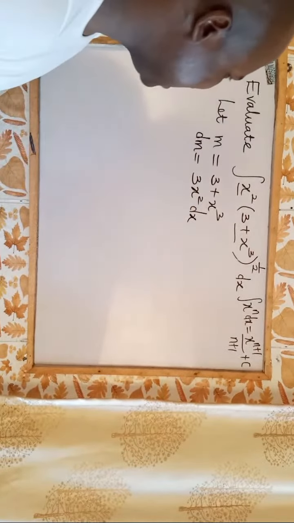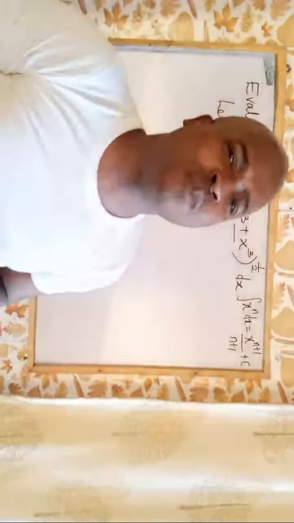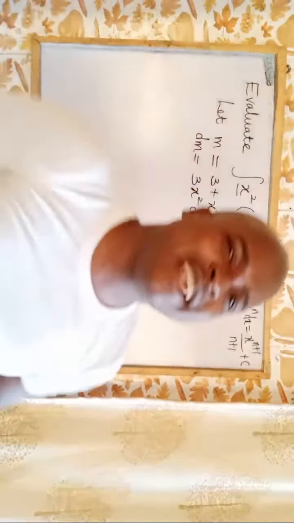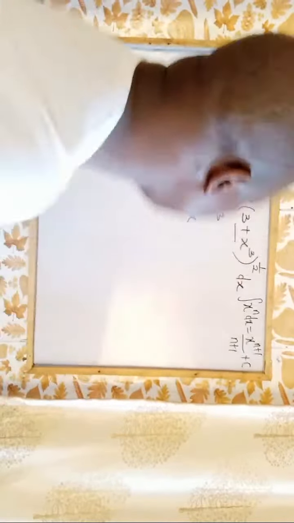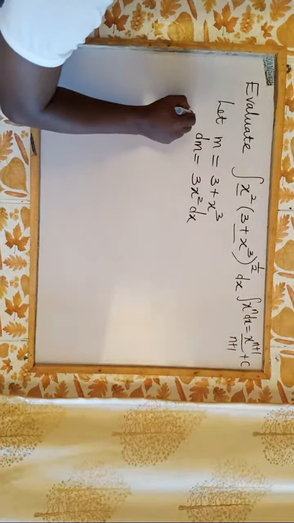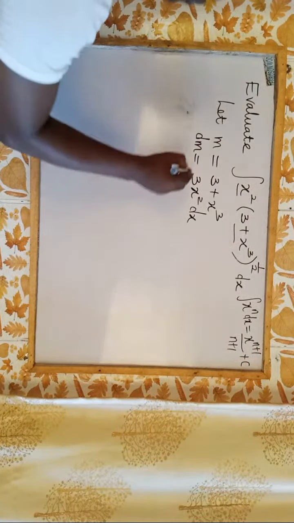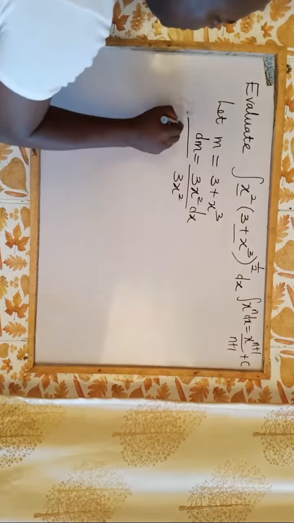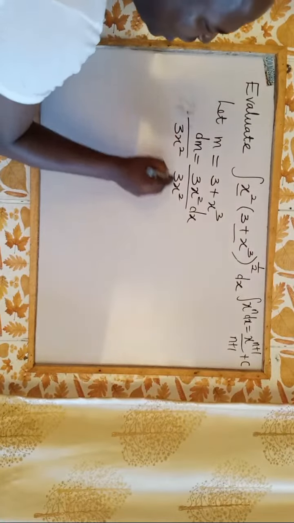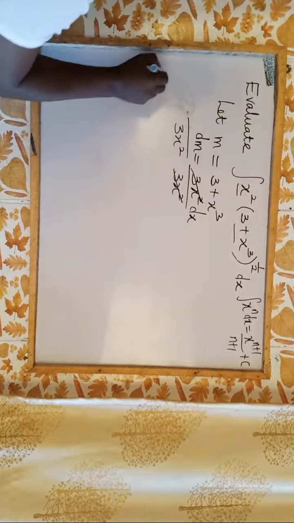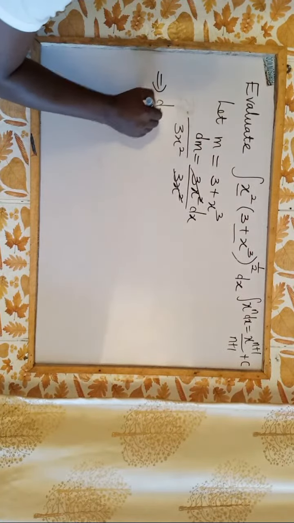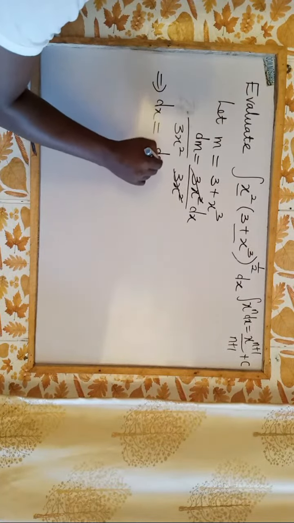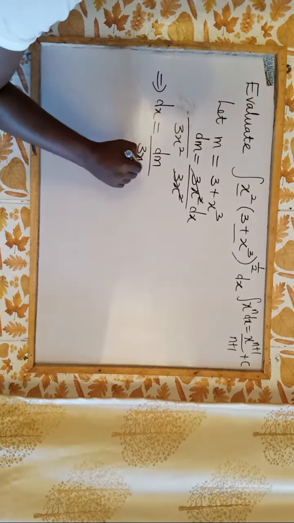So from here, I can now make dx the subject of formula. I will divide both sides by 3x squared. 3x squared will cancel. This now implies that my dx is equal to dm all over 3x squared.